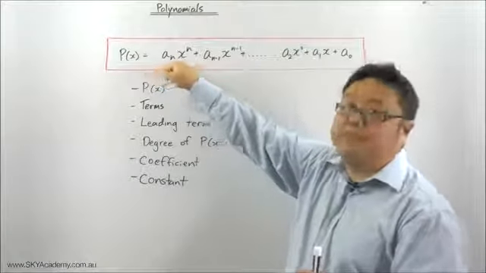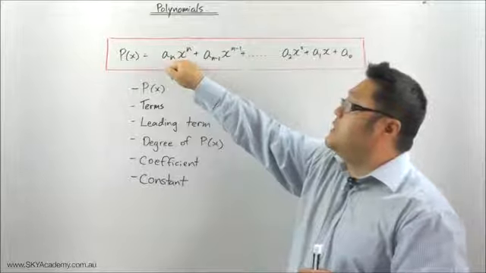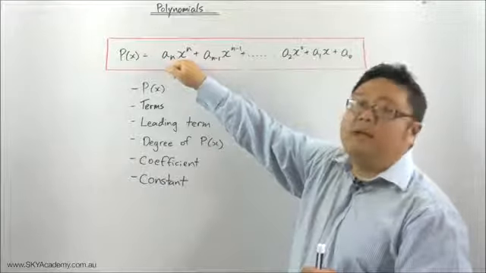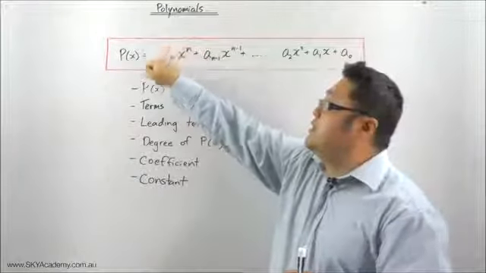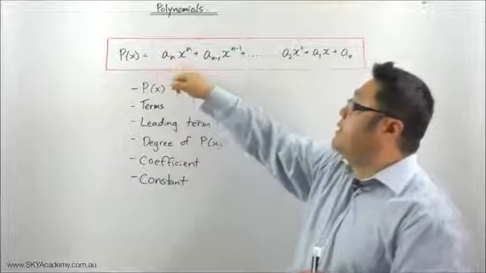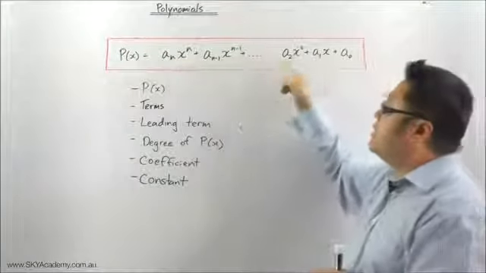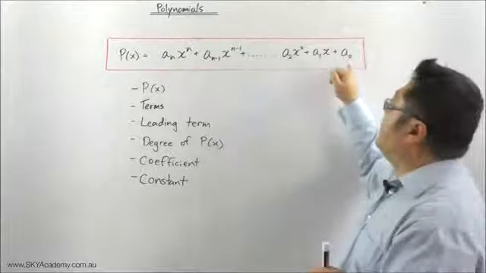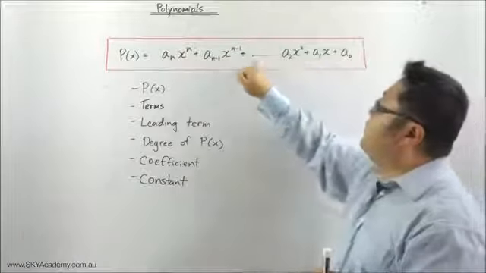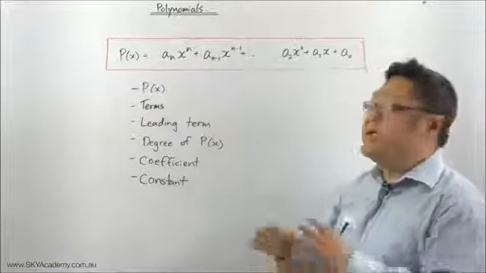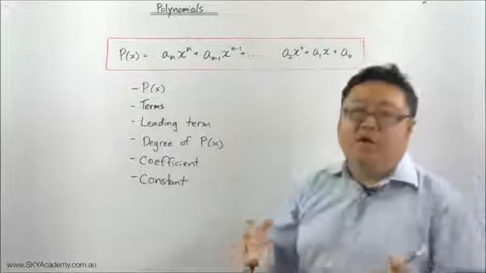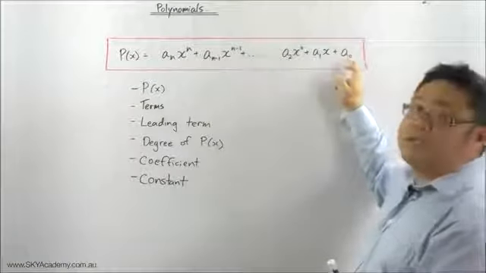A term has a coefficient, it has an x or a variable, and it has a power. In this particular polynomial expression, you start here 1, 2, 3, 4, all the way up to n. So there are n plus 1 terms, because the constant is also a term as well.